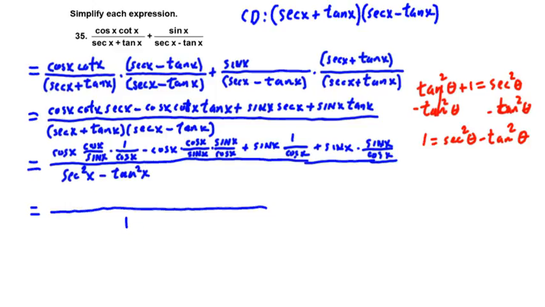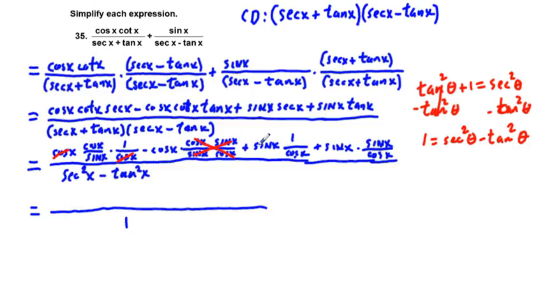Okay, and now we're just going to cancel and simplify in the numerator. We have cosine x over cosine x in this first expression. In the second one here, we have cosine x over sine x times sine x over cosine x, both of those multiplied together equal 1.